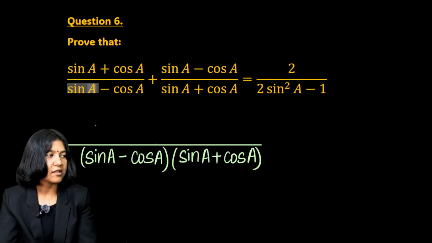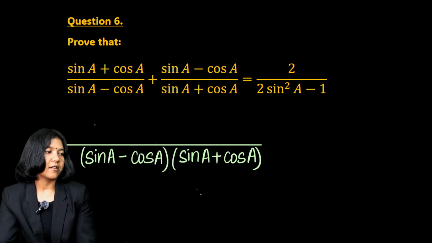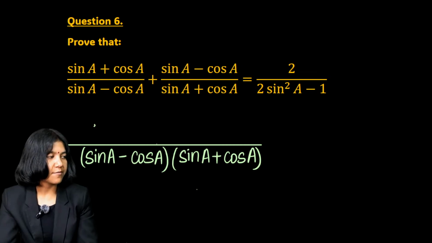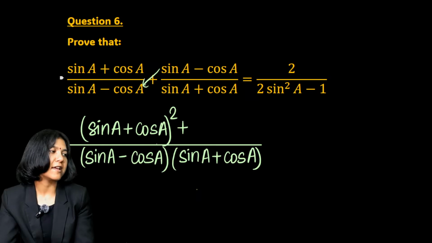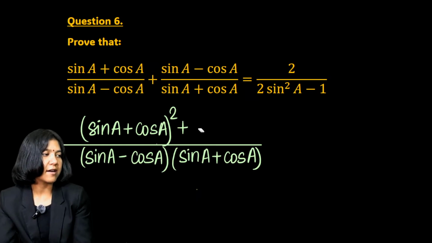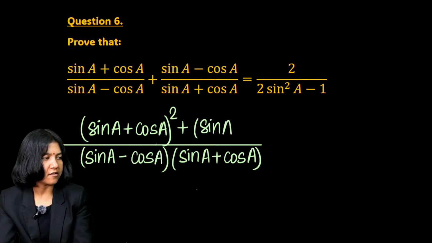And because we have sine A plus cos A multiplying with this sine A plus cos A, the opposite denominator, it just becomes sine A plus cos A the whole square. Now likewise, because this numerator is oppositely multiplying with the denominator, it becomes sine A minus cos A the whole squared.